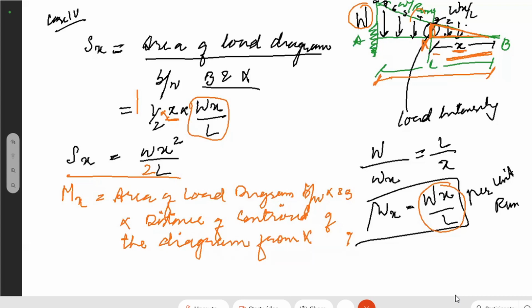This is the distance of the centroid of this load diagram from x.